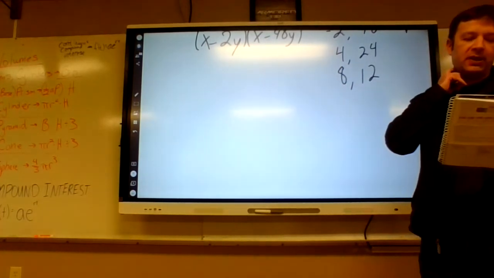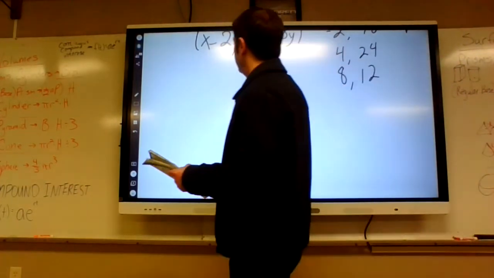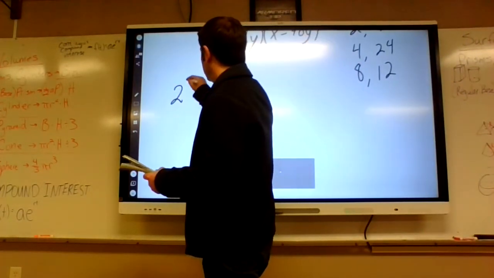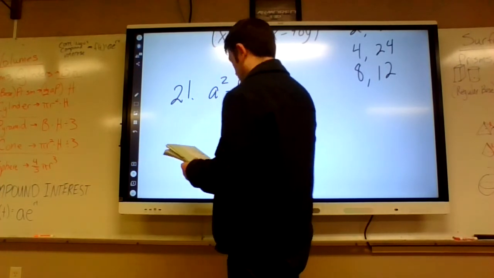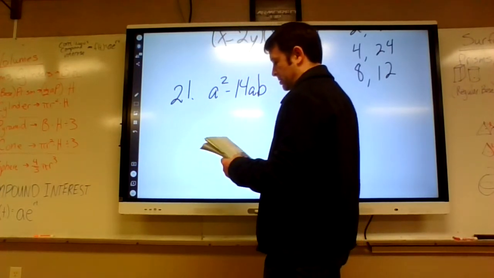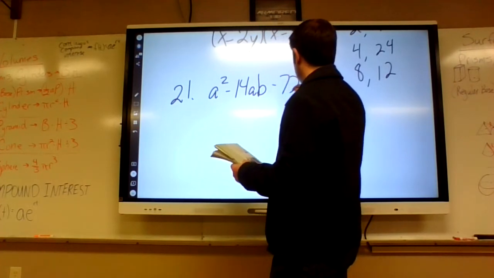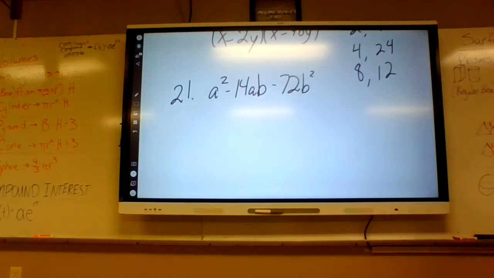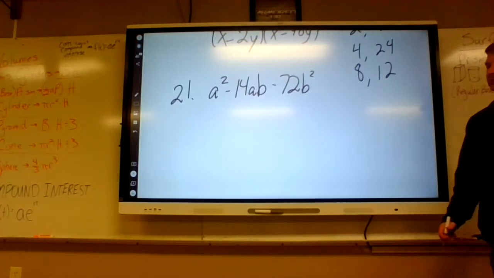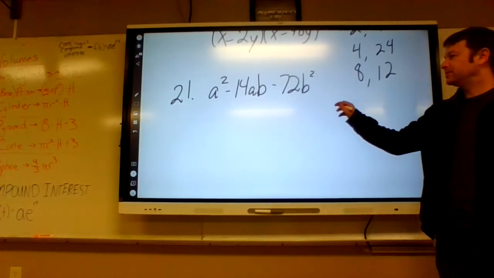Okay, 21, a squared minus 14ab minus 72b squared. What goes into 72? 9 and 8.